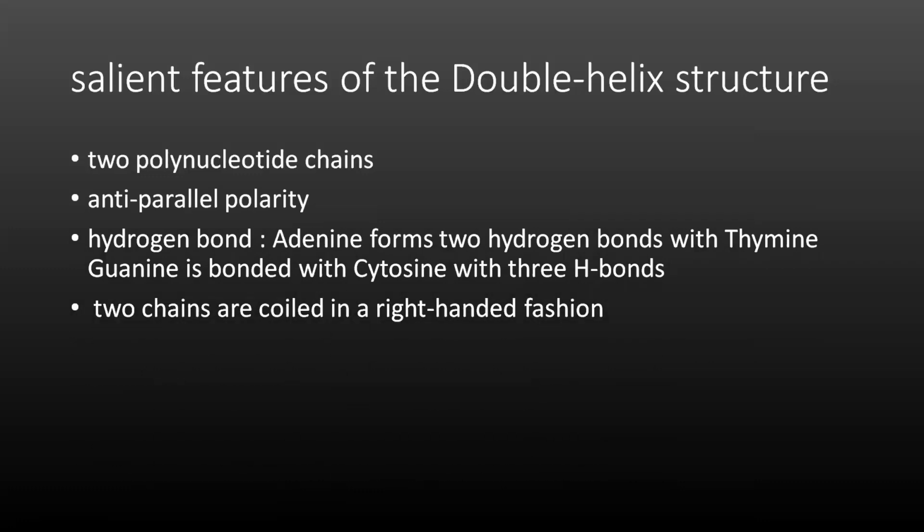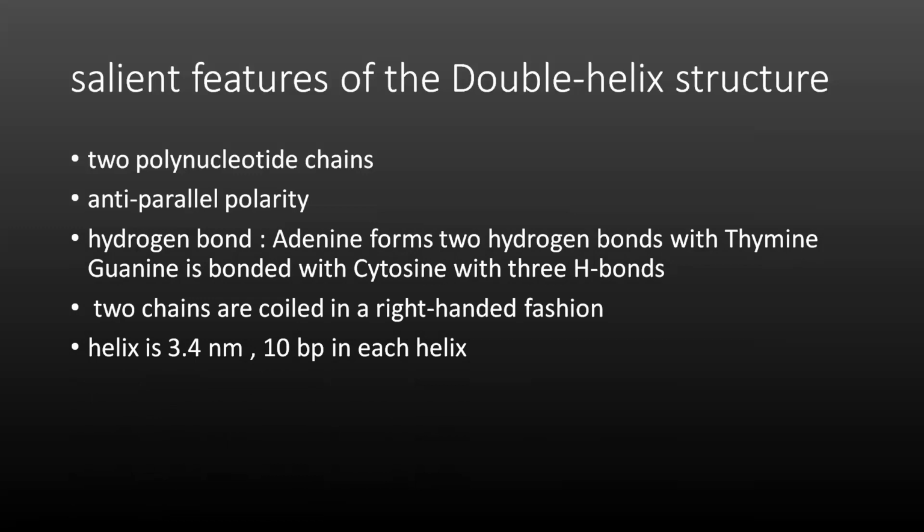The two chains are coiled in a right hand fashion. The helix length is 3.4 nanometer. If we start from here, it will come here. This will be one helix, because when you turn it, this and this should join.